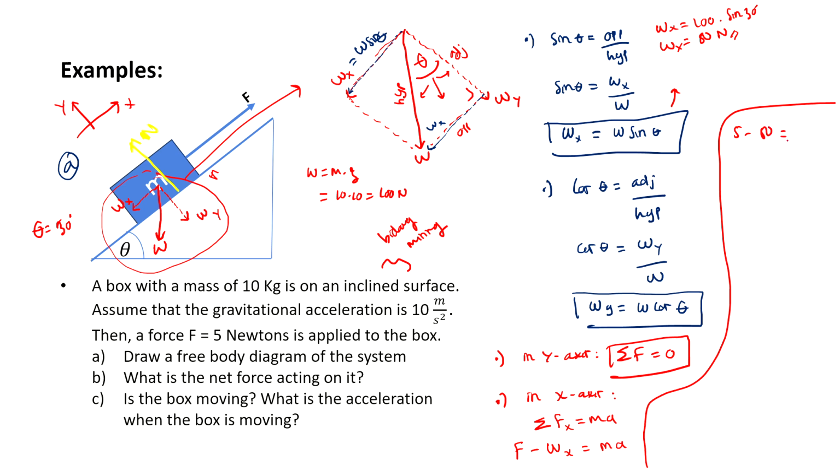Then m is 10, so 10a. We will have minus 45 equals 10a. So a will be equal to minus 4.5 meter per second squared. Again, I have to inform you that the minus sign only tells us about the direction of the acceleration or the motion.